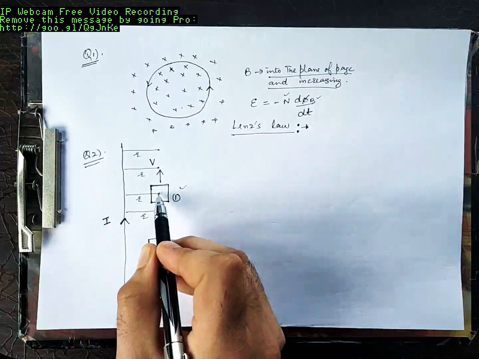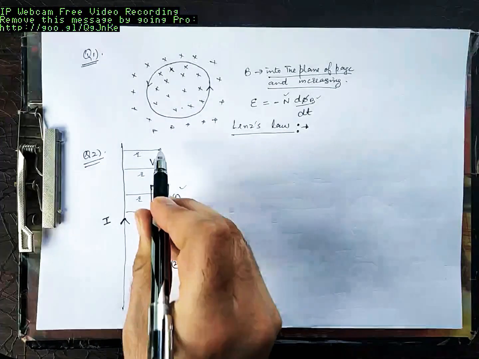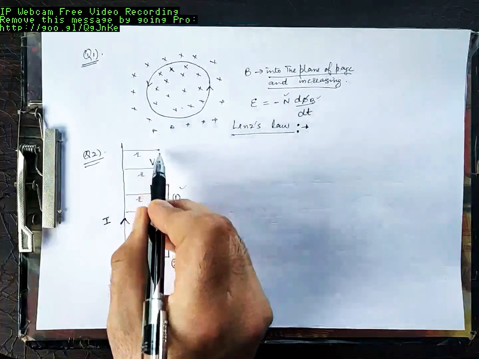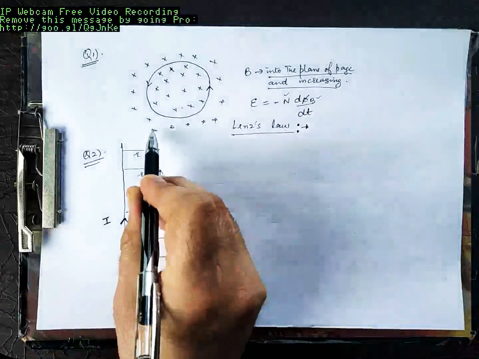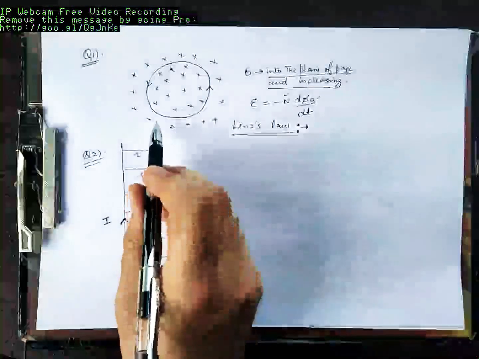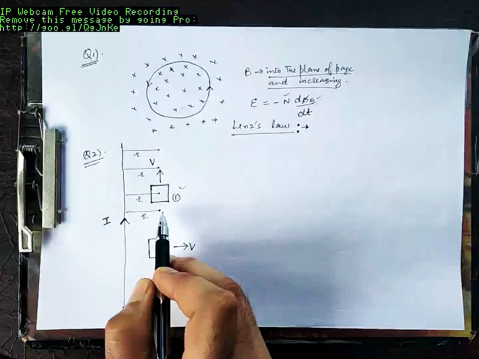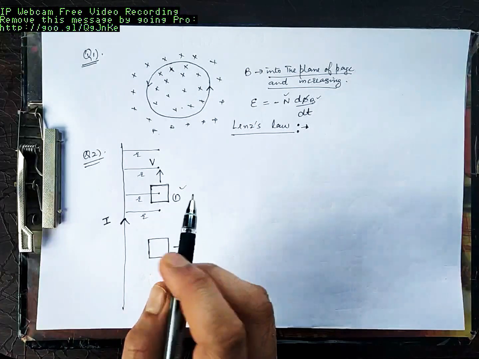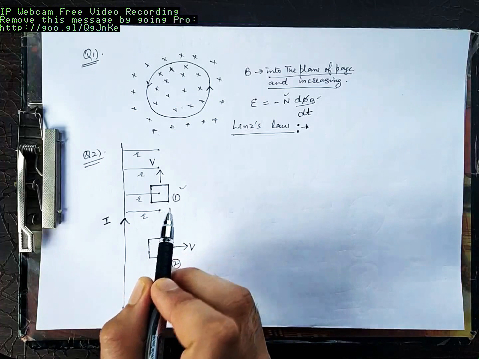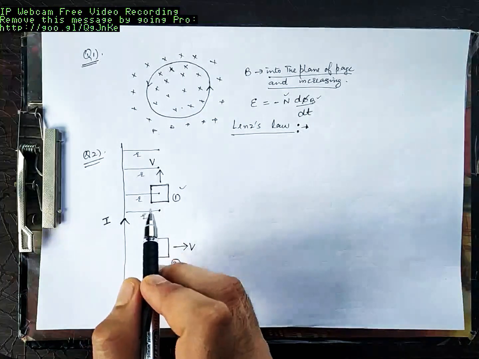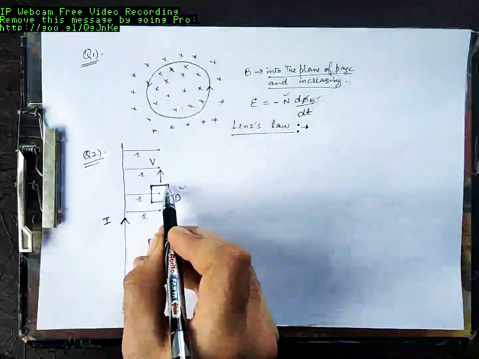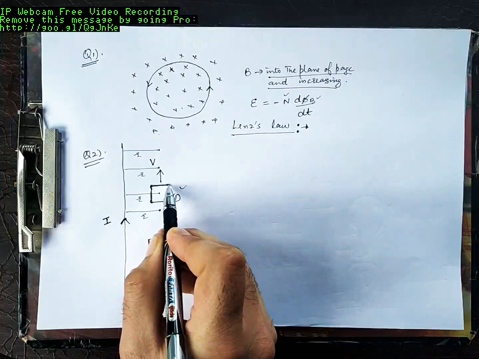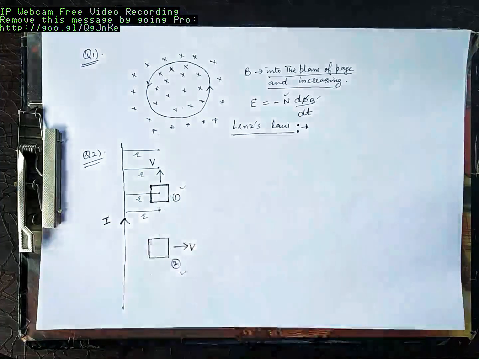So the magnetic field along this parallel line is the same, and the magnetic flux is the same.